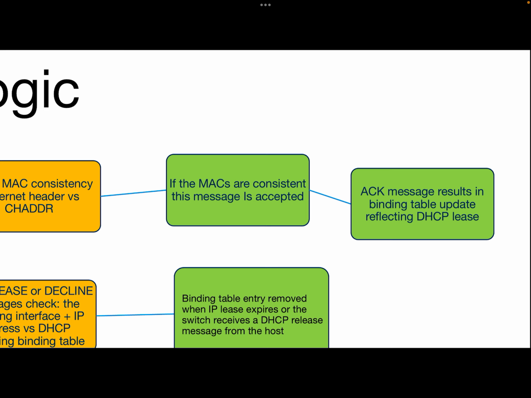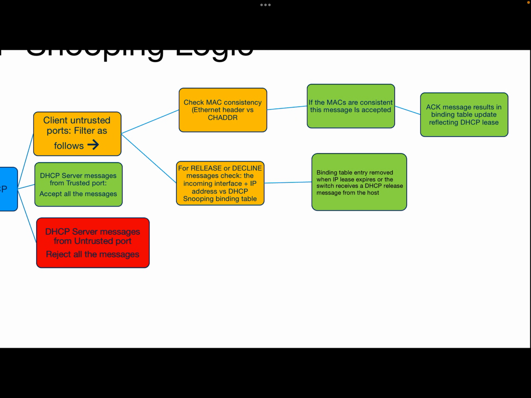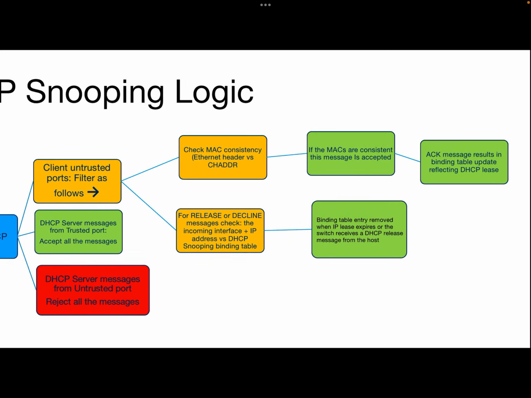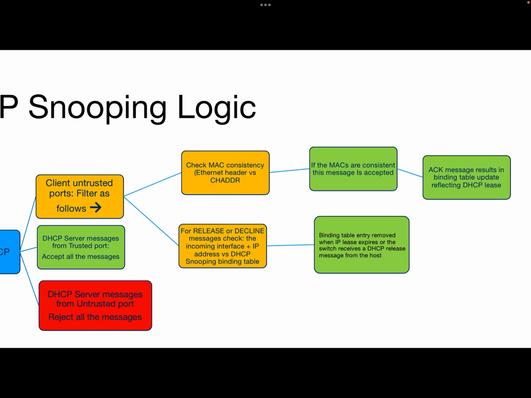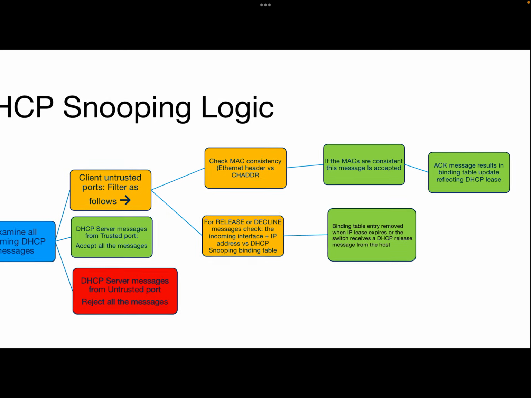The acknowledged message, which contains the IP address, is sent from the server to the client. The client has now received an IP address, and that results in the binding table updating. The binding table shows us the leased IP address against the MAC address of the client.